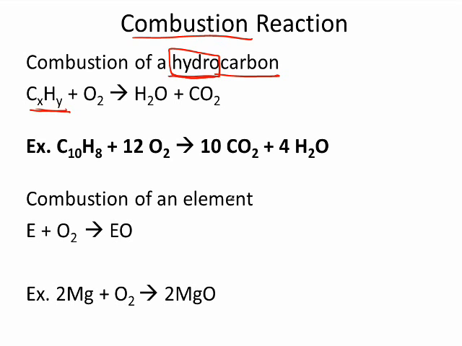Now when you combust a hydrocarbon, something with carbon and hydrogen, you're going to get these two things, water and carbon dioxide. And this is actually a very easy one to predict, because anytime you're burning a hydrocarbon, you're going to get water and carbon dioxide. An example is, here's a hydrocarbon. We burn it, and we're getting carbon dioxide and water out.